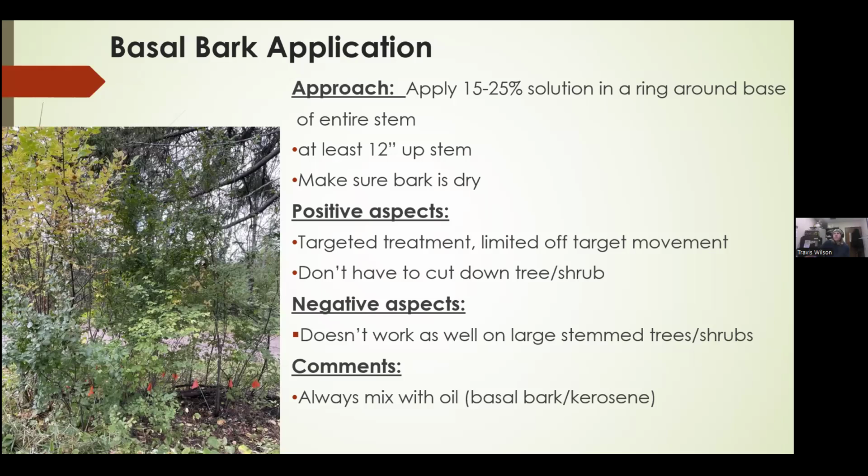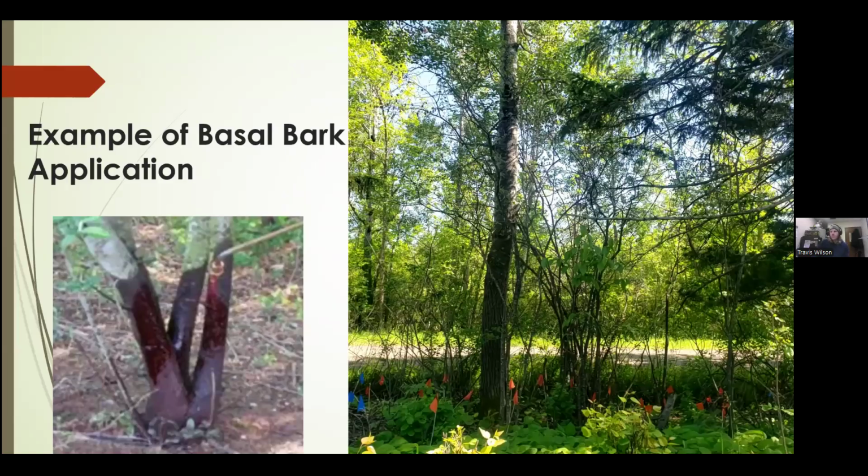So moving on to the basal bark application. For this approach, you're going to be using a 15 to 25% solution. It's a little bit higher than the cut surface. And what you want to do is spray it in a ring. I'm going to go to this just to show an example. On the left, you can see you want to spray the base of your target completely in a ring.